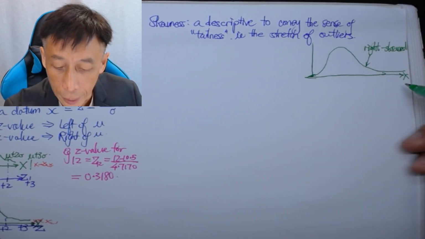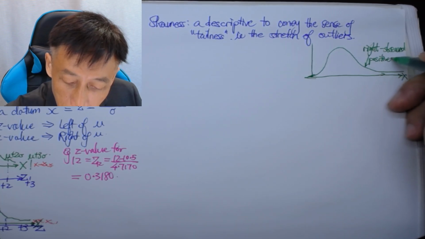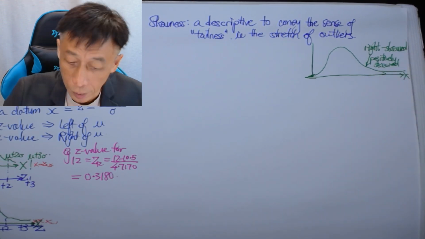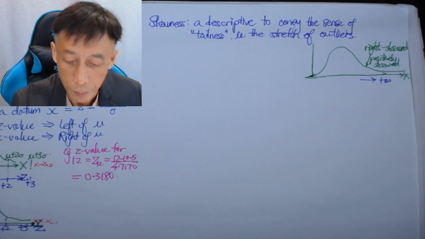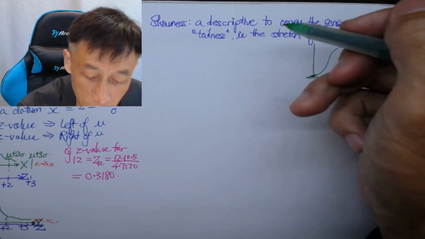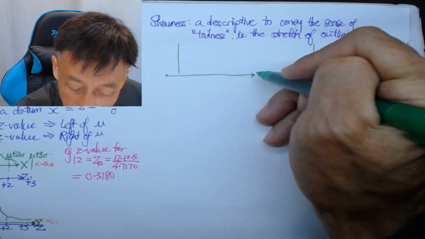Right, and also known as positively skewed because it is pointing towards positive infinity. Of course, there's another comparison, the other side of it.